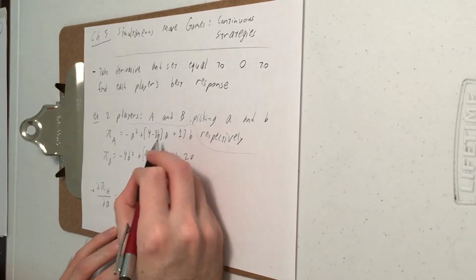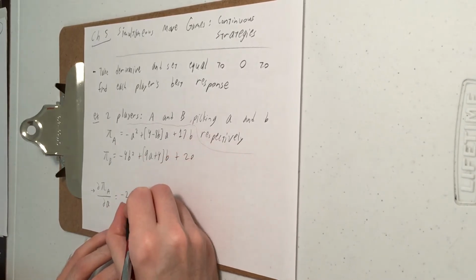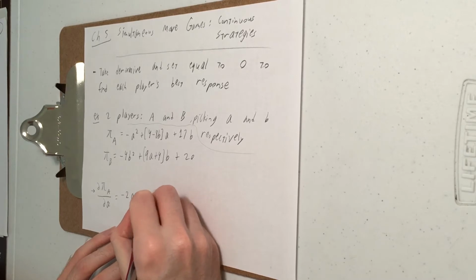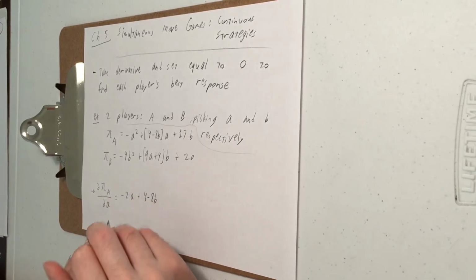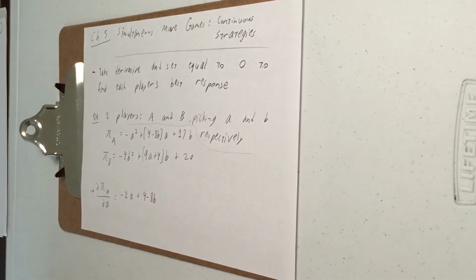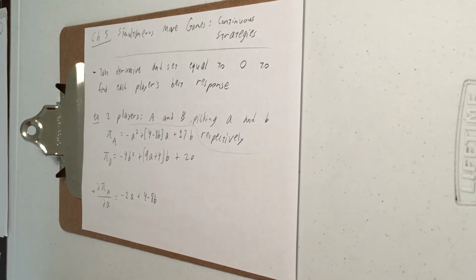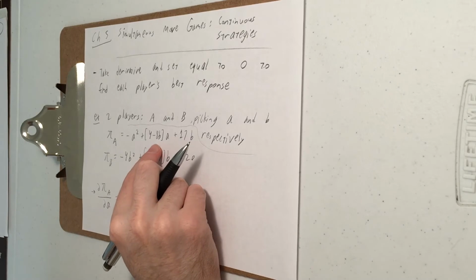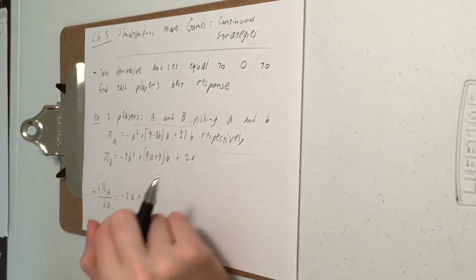The partial derivative of the next term with respect to a is 4 minus 8b. Quick refresher: with partial derivatives, you treat all the variables other than a as if they are constants. So 8b is treated like a constant in this partial derivative.